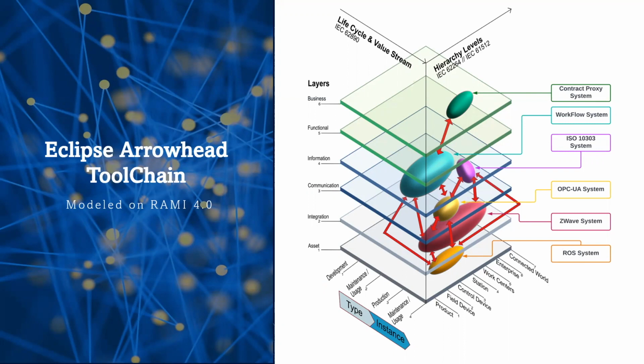It integrates from business layer to asset layer and from product design to the whole manufacturing and maintenance life cycle. In this demo, we have integrated multiple Arrowhead compliant systems like contract proxy system, workflow system, OPC system, ZWave system, and ROS system that cover most of the RAMI 4.0 reference architecture of Industry 4.0.